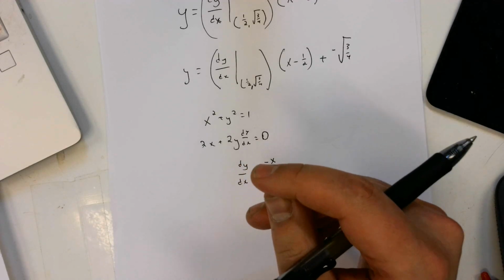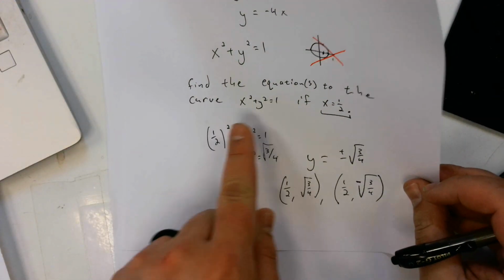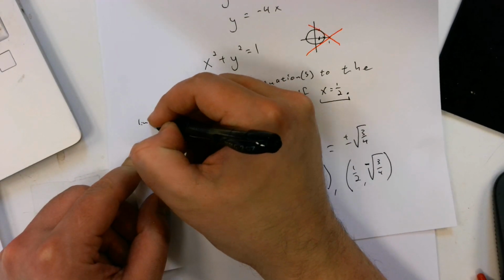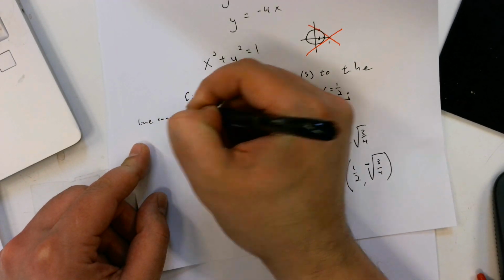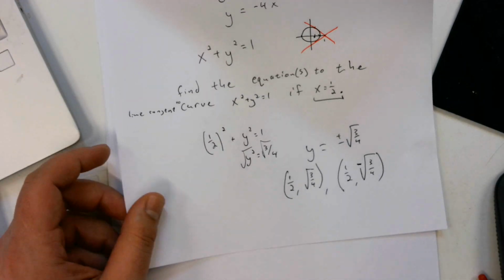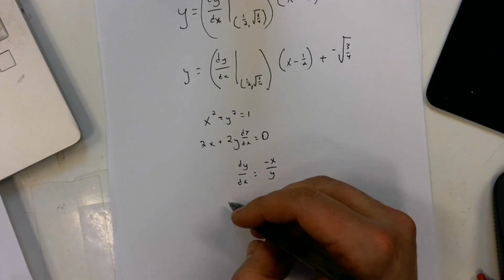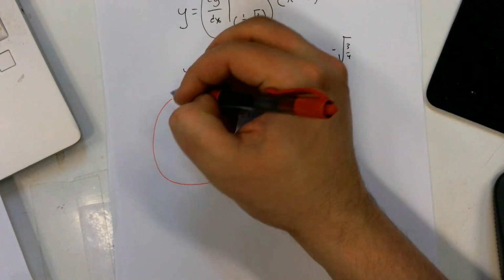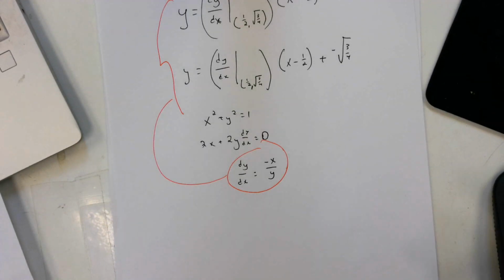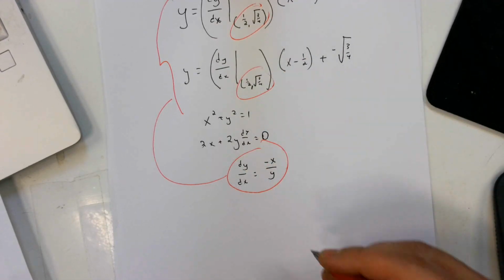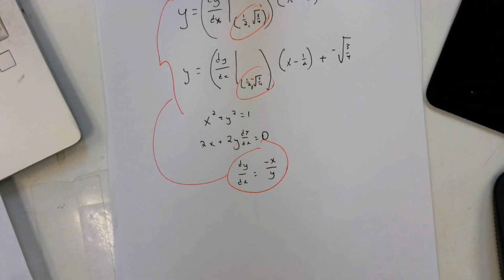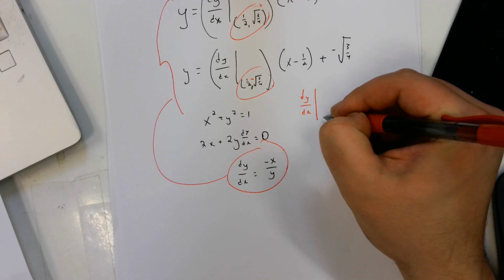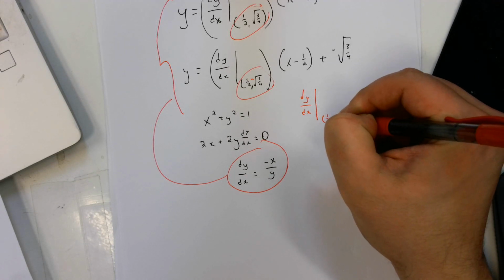Now, let's keep the task in front of us. We are still trying to find the equations of the lines tangent to the curve. All right, so now let's evaluate. Once I evaluate this at these two points, 1/2, root 3 over 4 and 1/2, negative root 3 over 4, I'm going to be good. dy dx evaluated at 1/2, root 3 over 4.